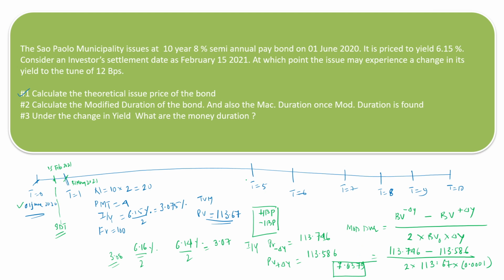So once you know the modified duration, of course, you can find out the Macaulay duration, and the Macaulay duration is nothing but the modified duration multiplied by 1 plus the periodic yield.